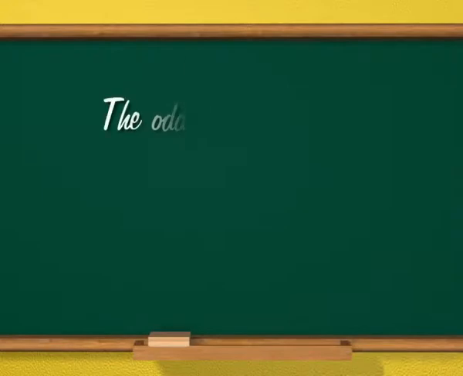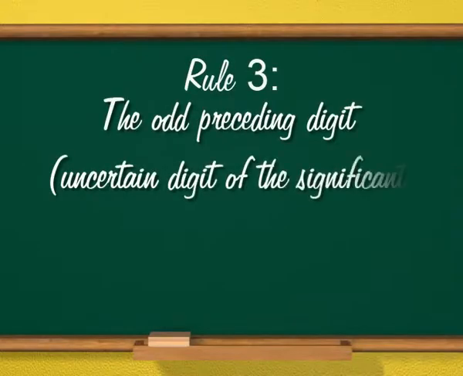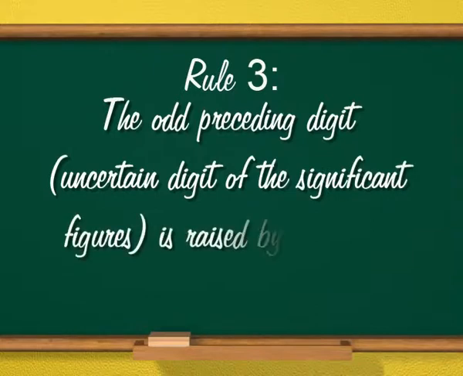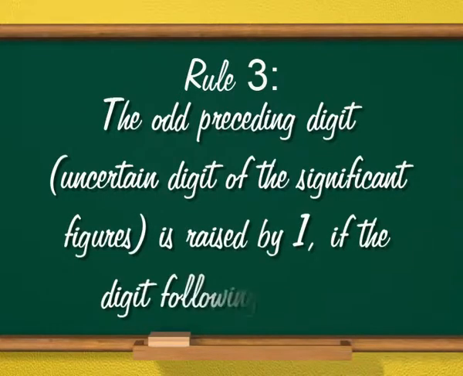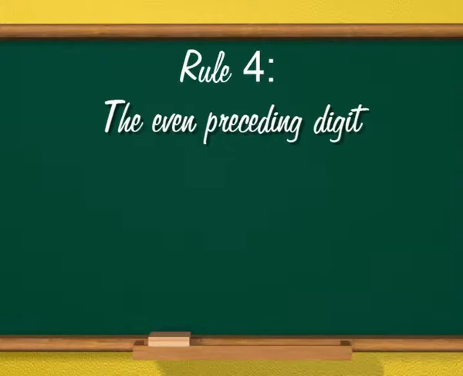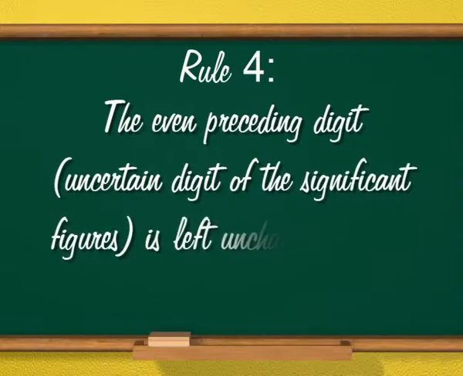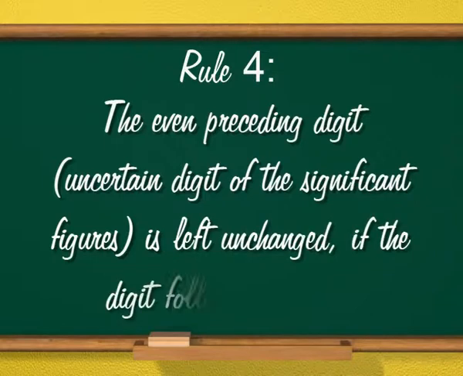The odd preceding digit, that is the uncertain digit of the significant figures, is raised by 1 if the digit following it is 5. According to rule 4, the even preceding digit, that is the uncertain digit of the significant figures, is left unchanged if the digit following it is 5.